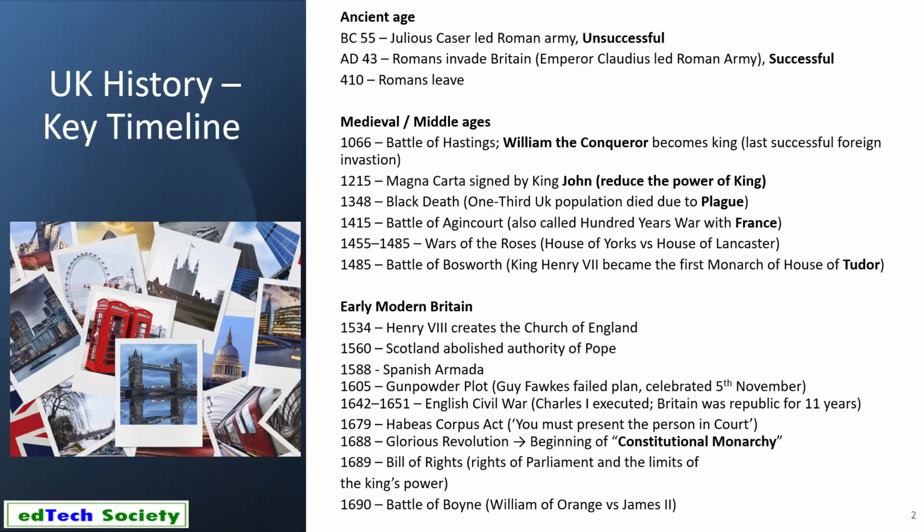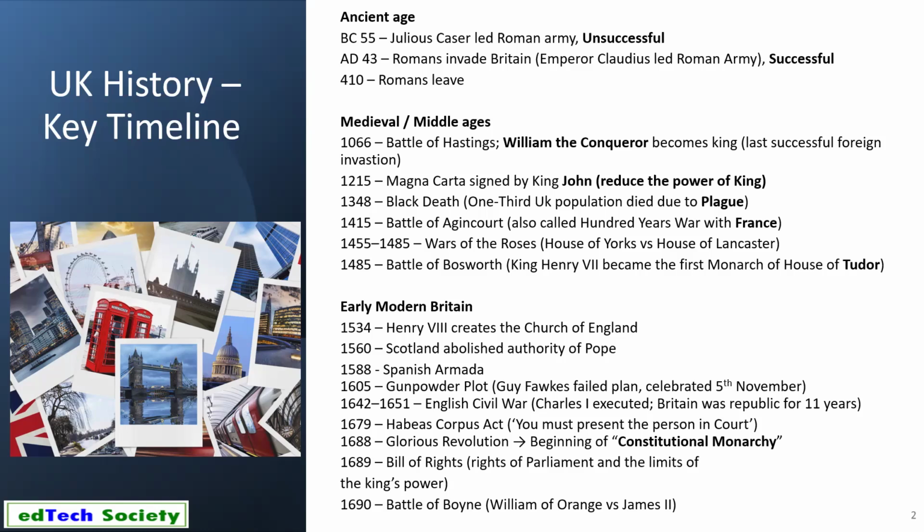Finally, there was a treaty, and the final symbol becomes the red rose, and inside that there is a white symbol. So in 1485, followed by the Battle of Bosworth, King Henry VII became the first monarch of the House of Tudor. And that ended the medieval or Middle Ages of UK history.